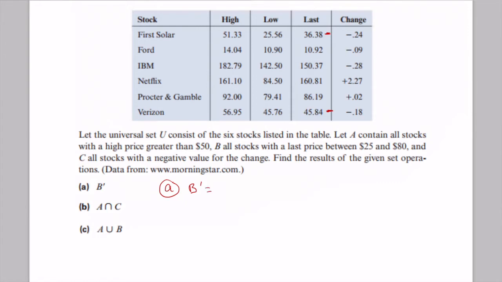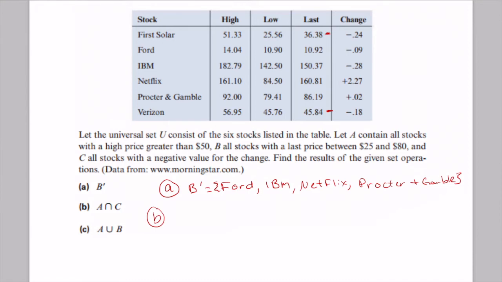So we want the ones that are not between 25 and 80, and that's going to be Ford, IBM, Netflix, and Procter and Gamble. So that makes up A.